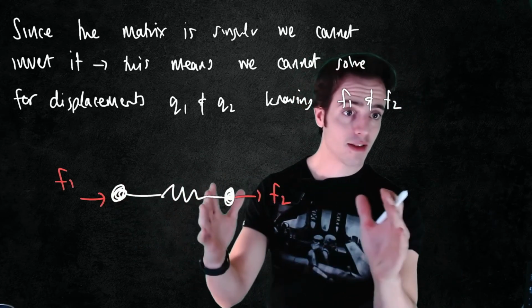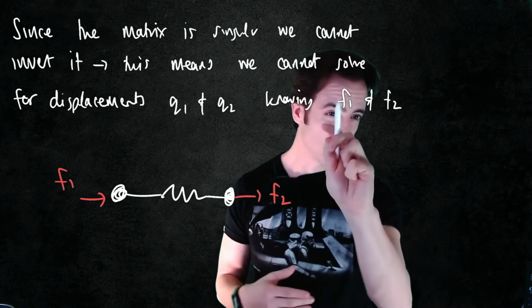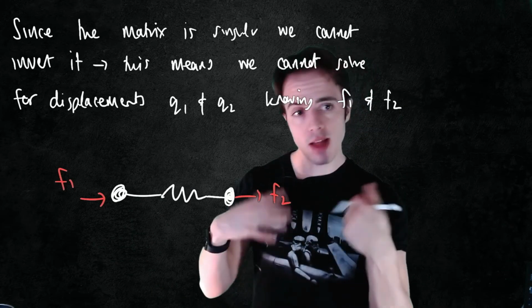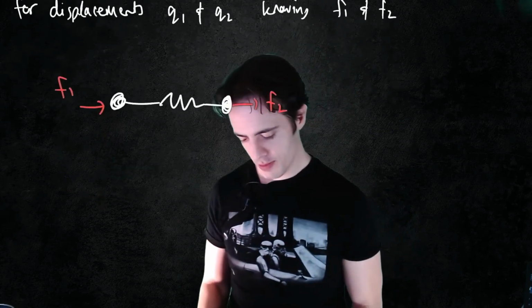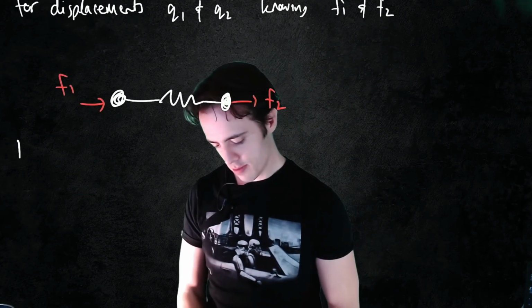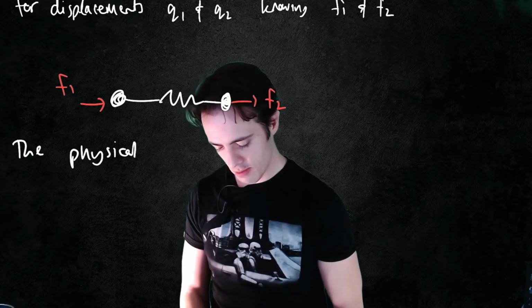The whole thing can accelerate according to Newton's second law because of different combinations of F1 and F2, which means there are infinitely many solutions of Q1 and Q2.